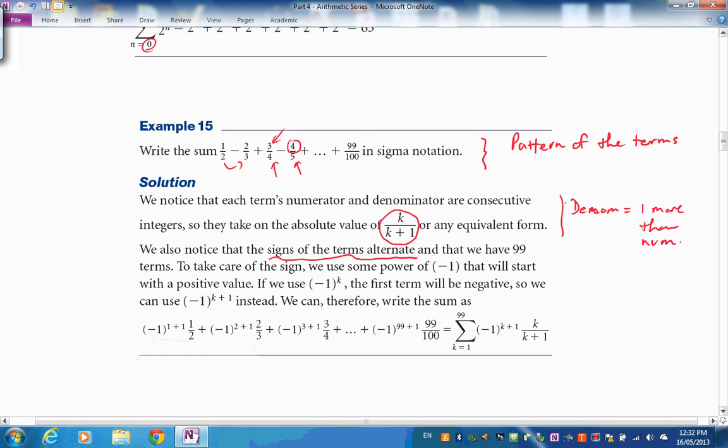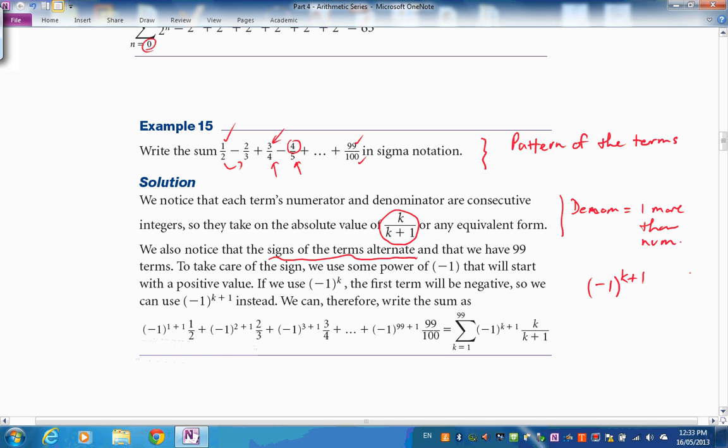Okay, so it goes up to 99 over 100. The first term is just a positive. So how do you make a positive? Well, it'll have to be (-1) to the k plus 1. So it's squared for the first term.